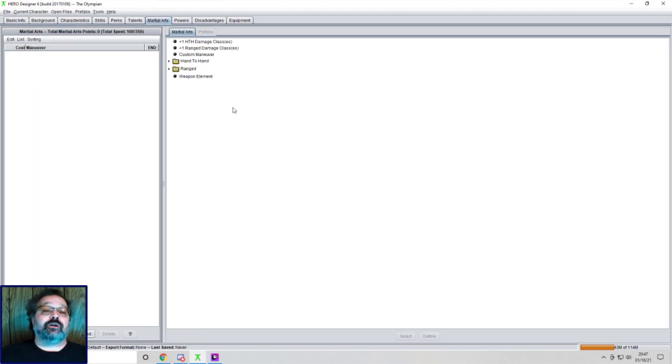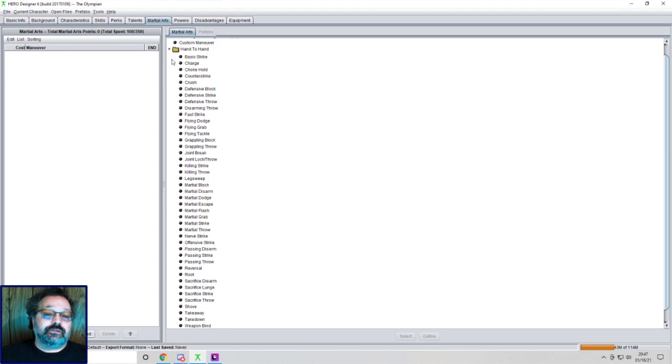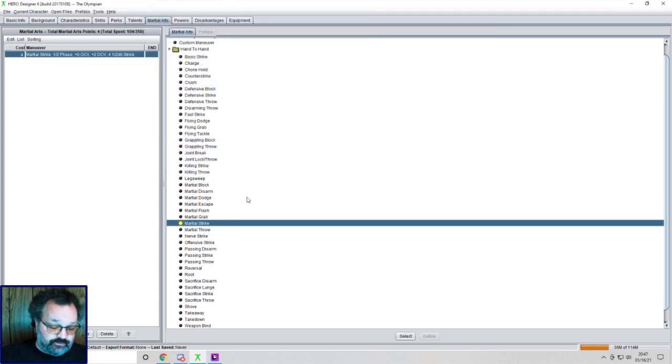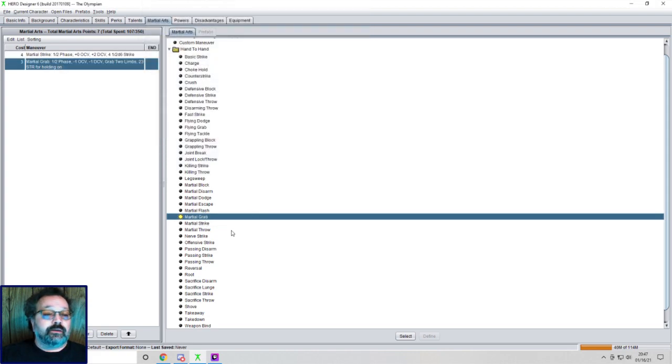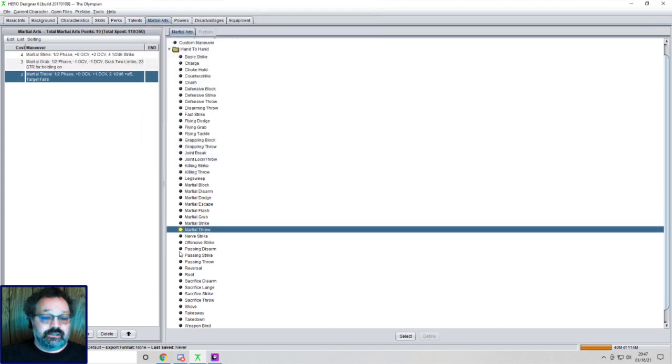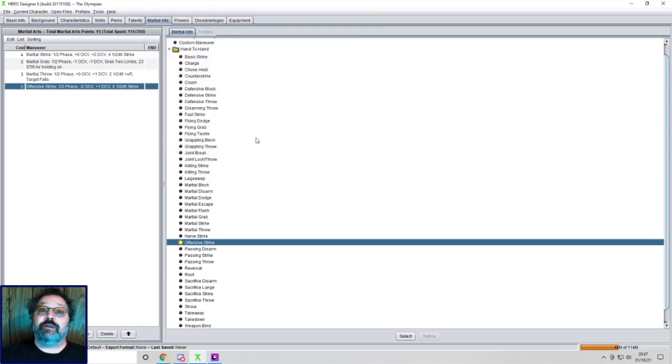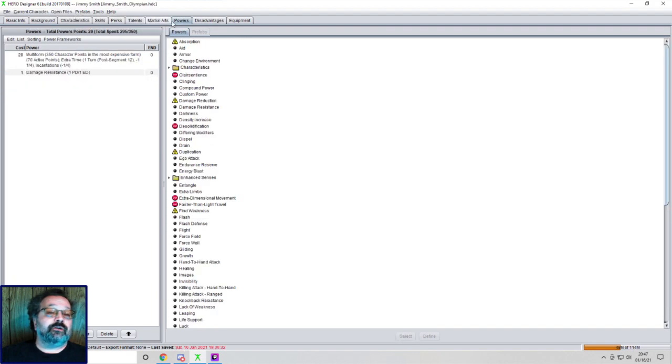And we're going to share martial arts with his other side, his other form. So we're going to have a martial strike that we put on the other form. We're going to have a martial grab. And we're going to have a martial throw. Basically, these are skills that I have on the other form, on the Jimmy form. I will switch to that file and show you.